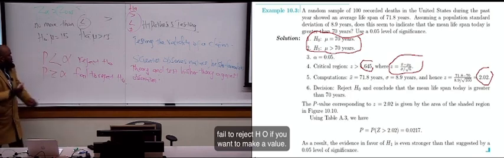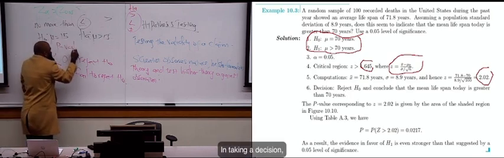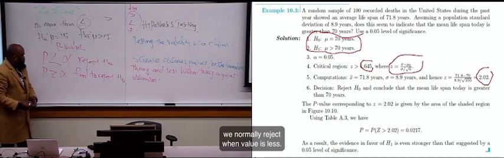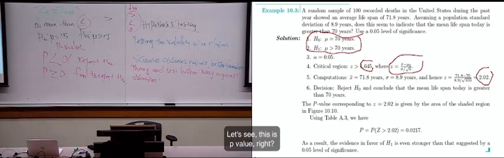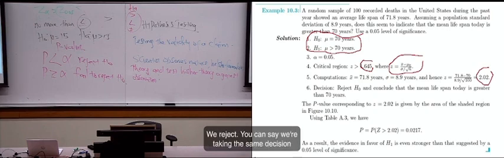If you want to make use of a p-value in taking a decision, we normally reject when the p-value is less. Now, let's see. This is the p-value, right? Compared to what was the alpha given? 0.05, right? This is less than that. What are we going to do? We reject. You can see we've taken the same decision, whether using the p-value or using the rejection region.